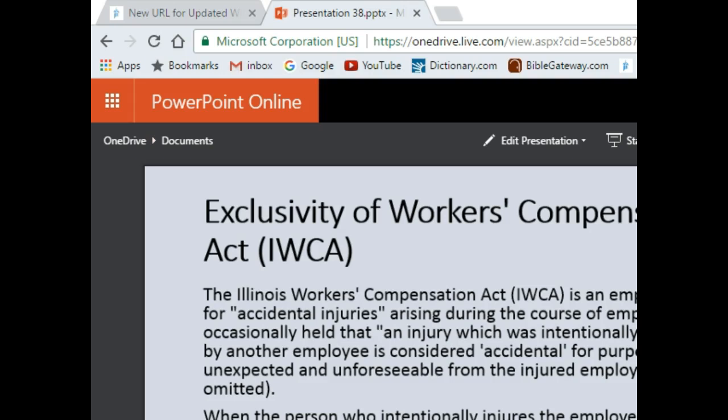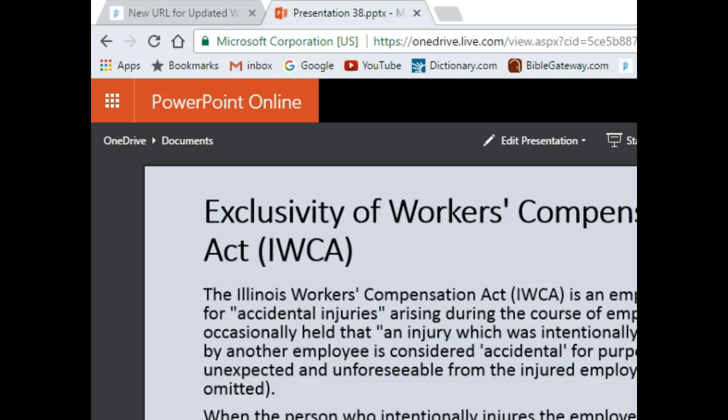Courts have held on occasion that an injury which was intentionally inflicted on an employee by another employee is considered accidental for purposes of the Illinois Workers' Compensation Act if it was unexpected and unforeseeable from the injured employee's point of view.